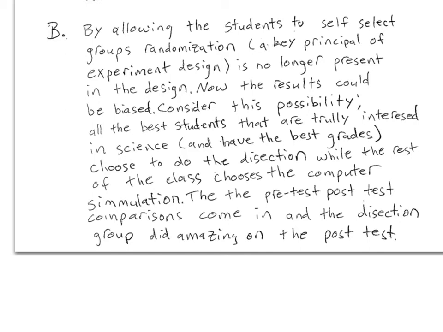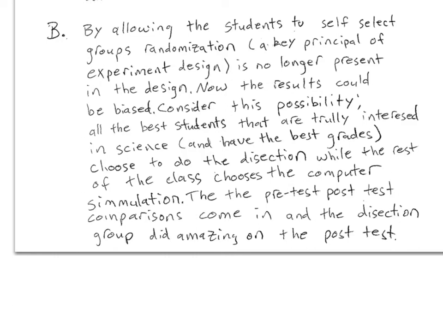So I said, okay, consider this possibility. All the best students that are truly interested in science and have the best grades choose to do the dissection. The rest of the class chooses to do the computer simulation. So now let's say we look at the pre-test and post-test scores, and the post-test minus pre-test turned out to be huge and amazing for the students that did the dissection.